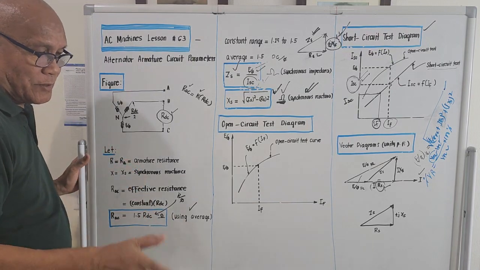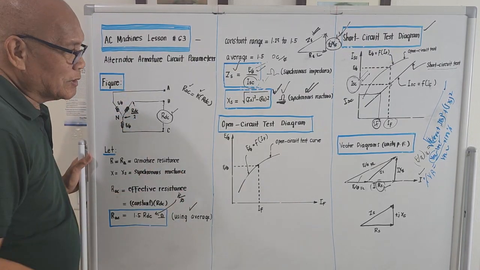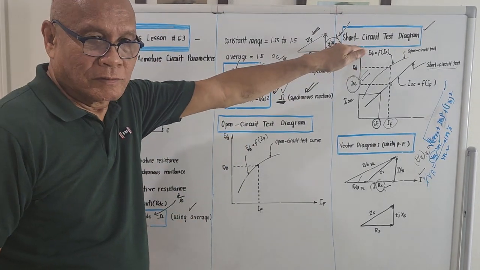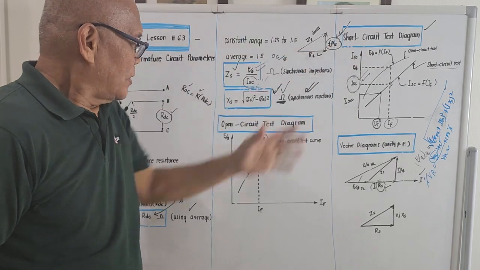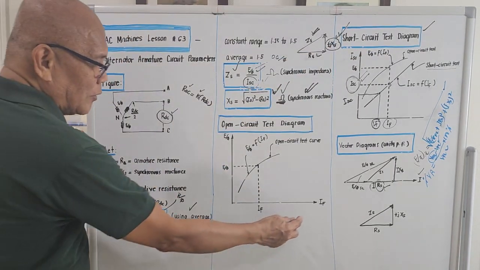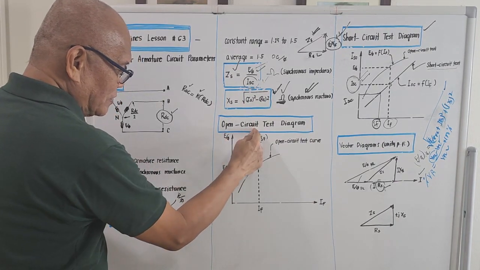And to determine the parameters of an alternator, we brought out the open circuit test and the so-called short circuit test. For the open circuit test, it's actually a graph of the field excitation current and the open circuit voltage per phase.